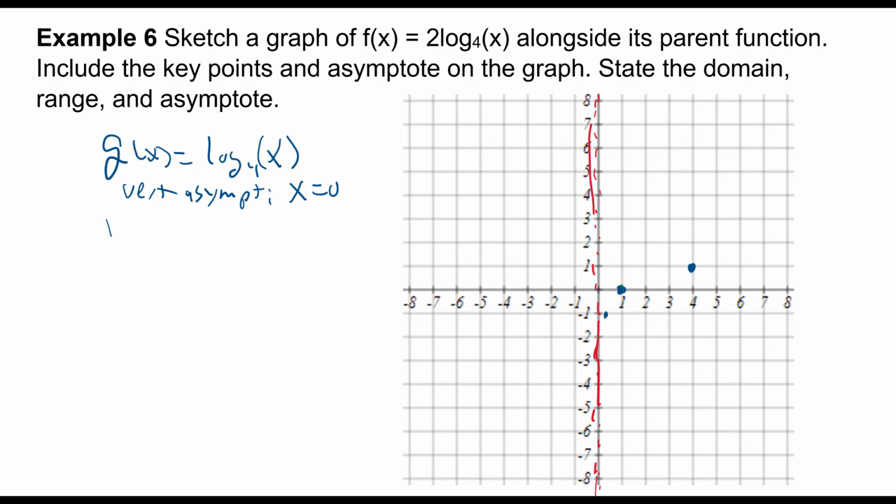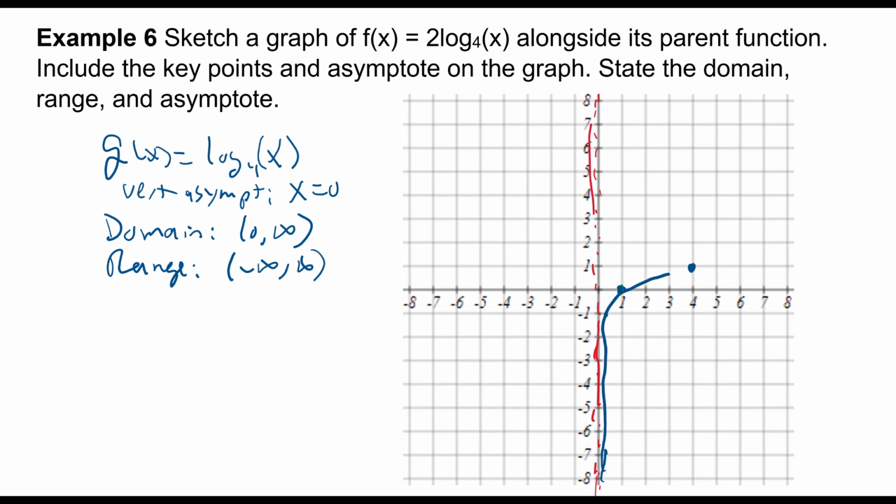We have the domain from 0 to infinity. That won't change. And we have the range from negative infinity to infinity, and that's not going to change. So we get a curve, something like this, is our original.